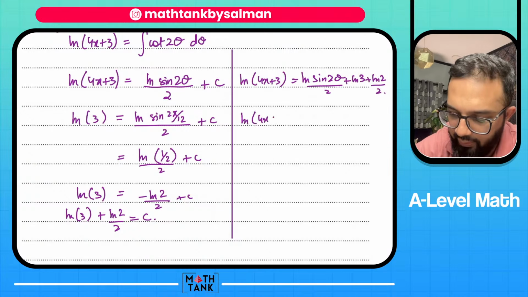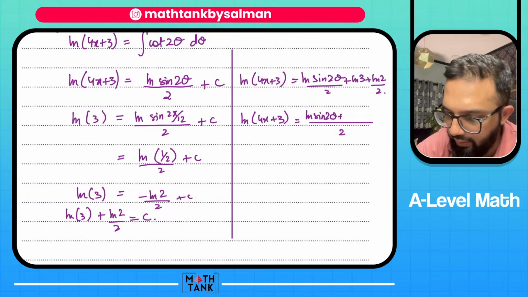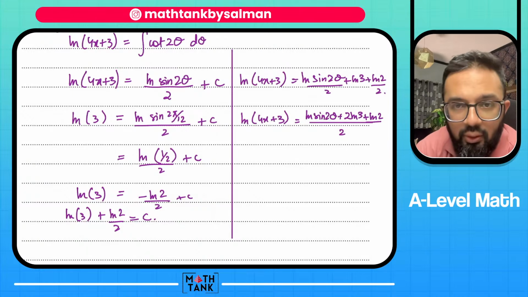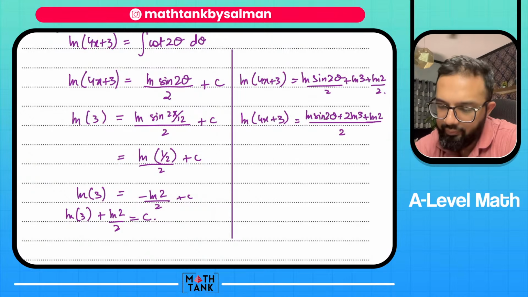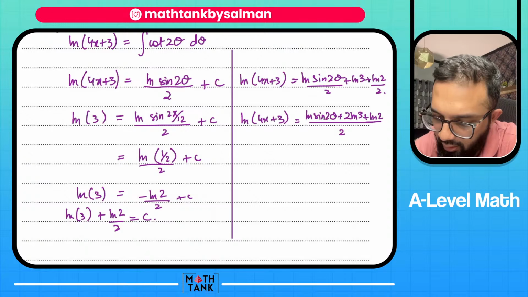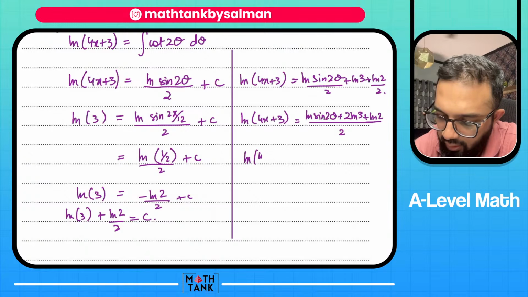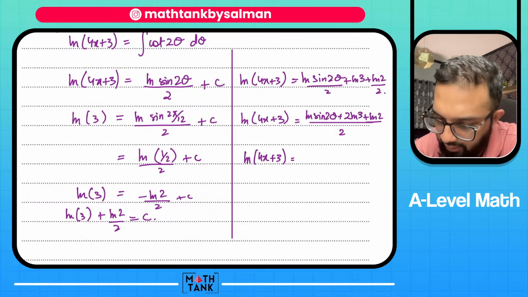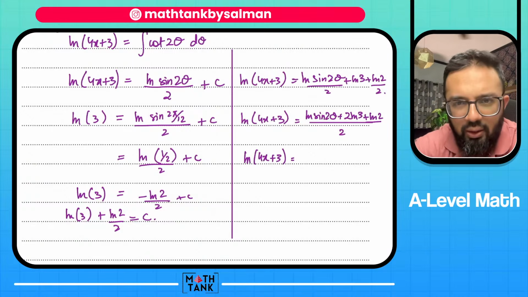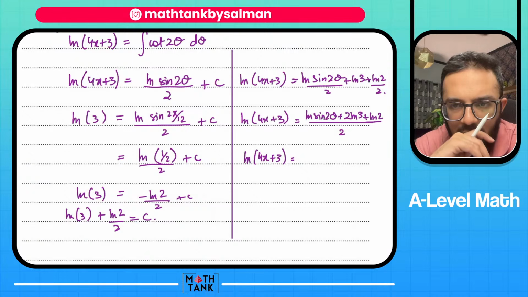Ln(4x plus 3), put a common denominator of 2: ln sine 2 theta plus 2 ln 3 plus ln 2. I hope I've not made an error somewhere. I'm just checking.